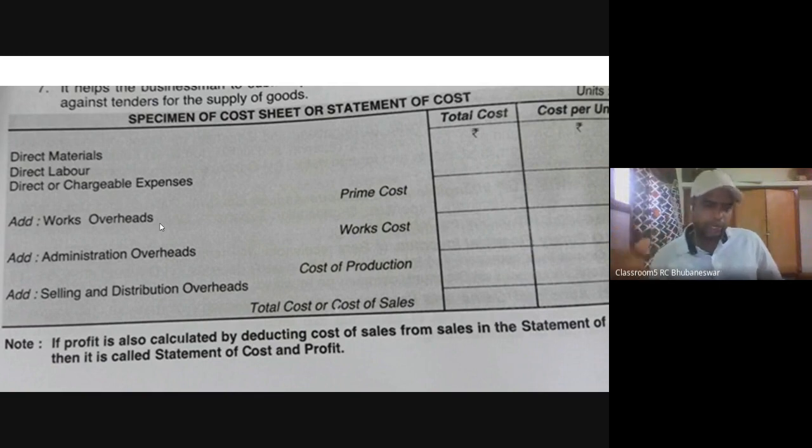Next, the second one is administration overhead. It can be called office and administration overhead. You can write it down. Then the third comes selling and distribution overhead.